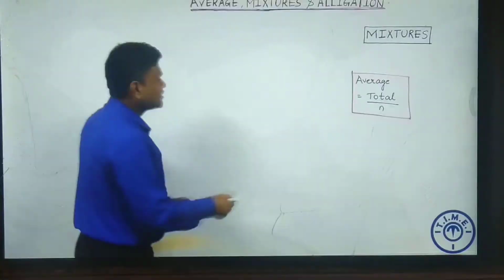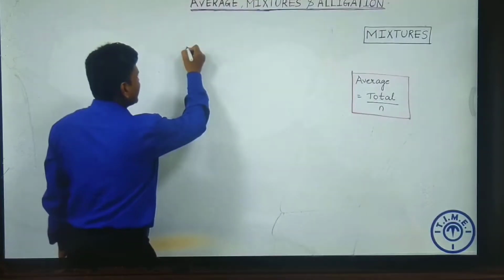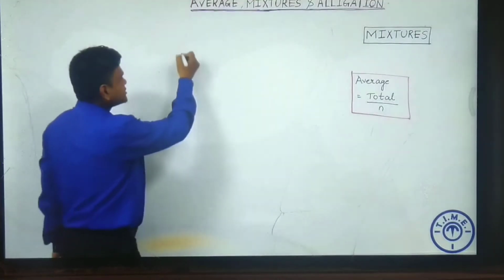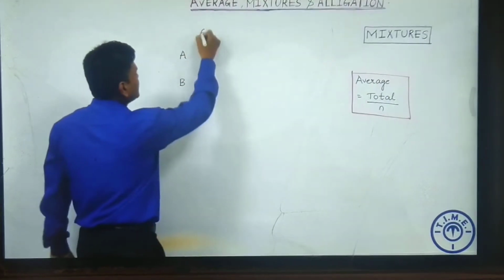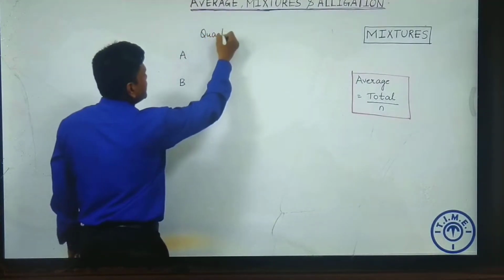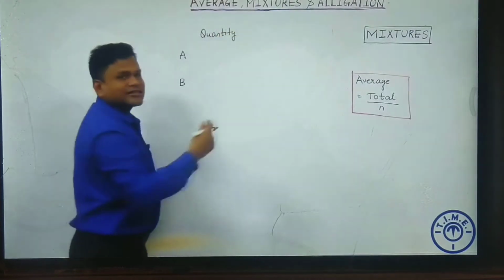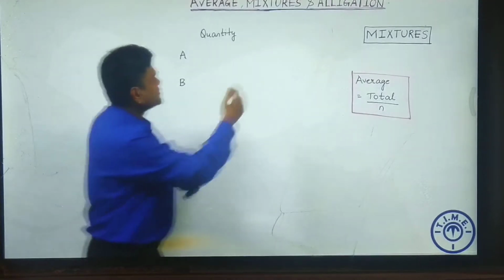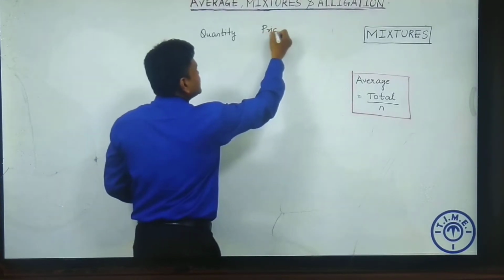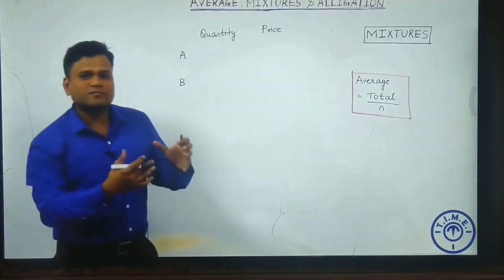In all such cases, I have two different products, let's say A is one product and B is another product. I'm dealing with the quantity in kg, as in the previous example, which we have been dealing with in terms of numbers.